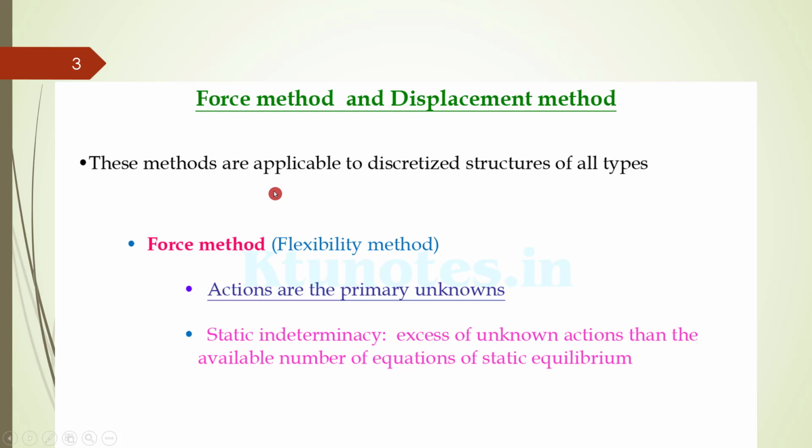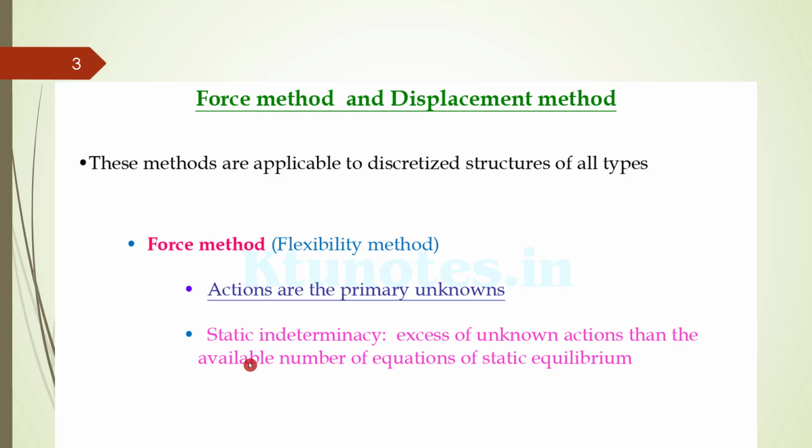These methods are applicable to discretized structures of all types, and to analyze by this force method, the actions are the primary unknowns, which means they are the considerable unknowns which will create the deflections in a structure.